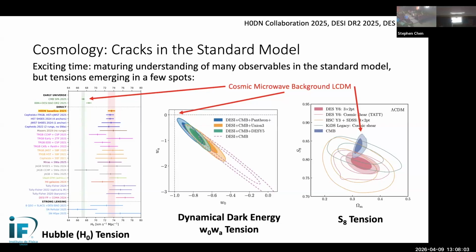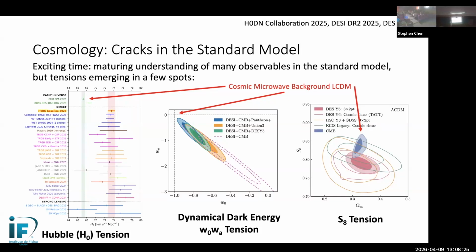But as our data has become better, many cracks have begun to emerge in the standard model. The most famous one may be the so-called Hubble tension, that is the measurement of the local expansion rate H0, where we see a significant discrepancy between measurements made in the late universe, all these points here, and what we infer from the cosmic microwave background in the standard model of cosmology.